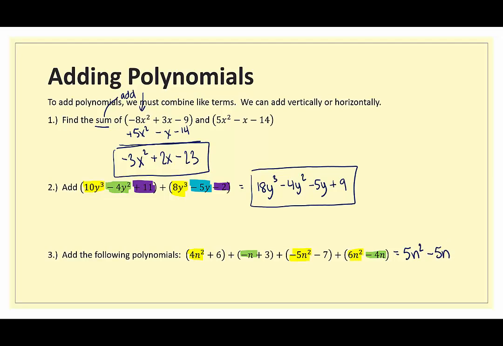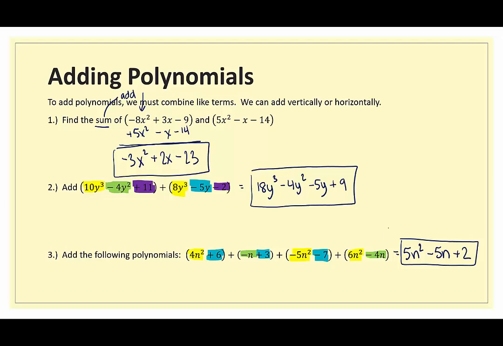And then lastly, our constants, we have a plus 6, a plus 3, and a minus 7. I always like to start by combining the things that have the same sign. So I'm going to combine that positive 6 and positive 3 and get positive 9. And then 9 minus 7 would be a positive 2. And there we go. I combined 4 binomials and I ended up with a trinomial.